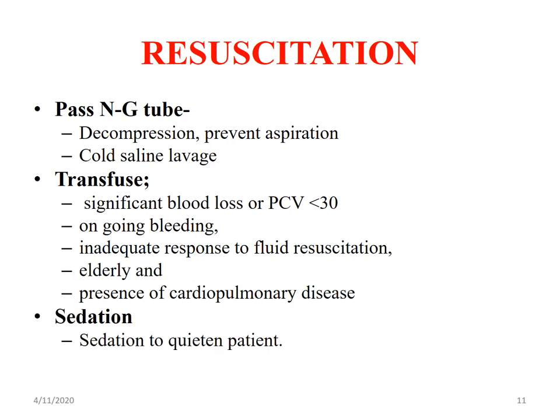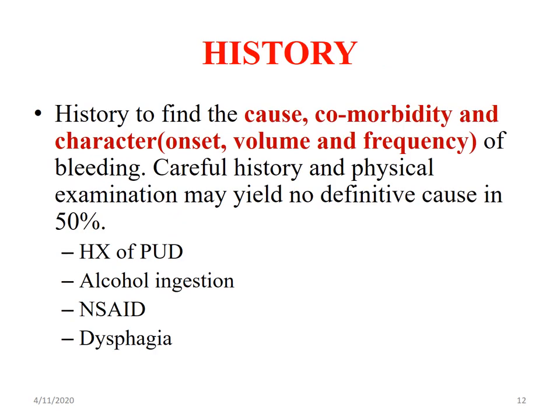Sometimes I start to give the patient sedation to quiet the patient. Then I will take a rapid history from the patient for the cause, comorbidity, and the character, onset, volume, frequency of the bleeding. That means I will ask about the history of the melena and the hematemesis, for how long, how many times per day, and the frequency, the amount, the color, the content, and so on.